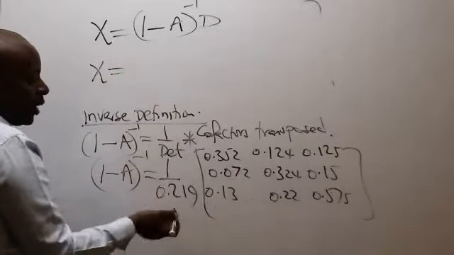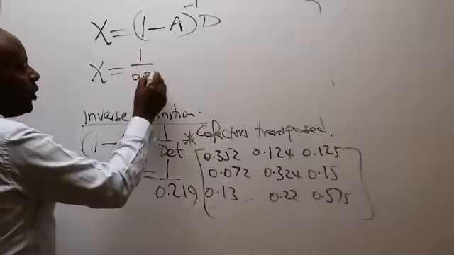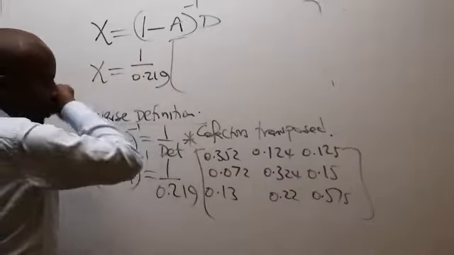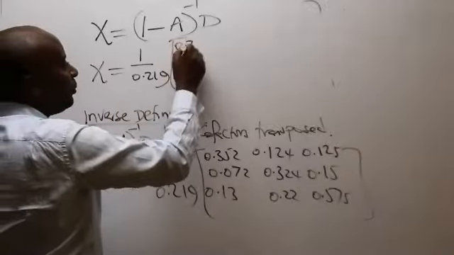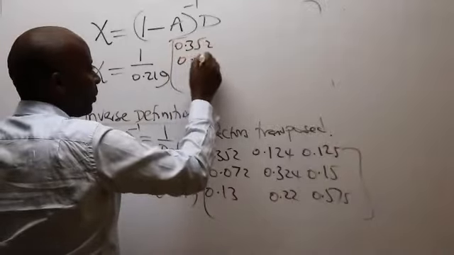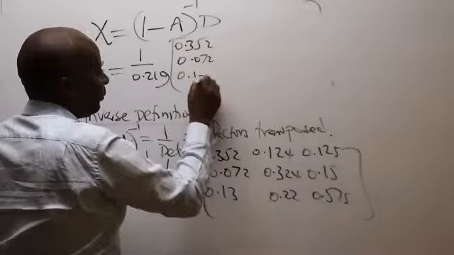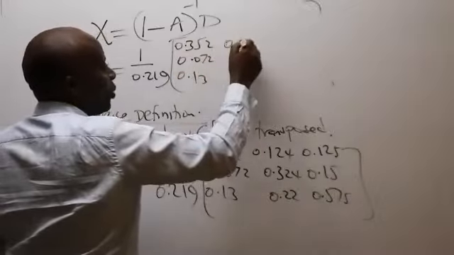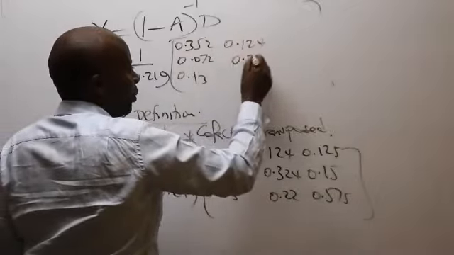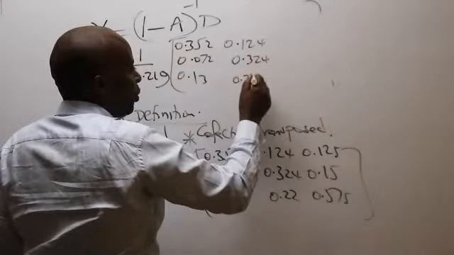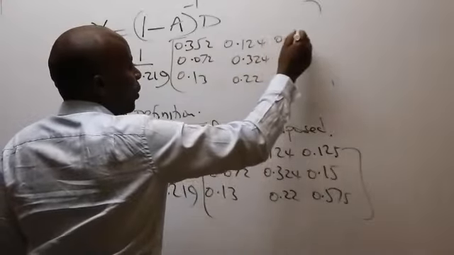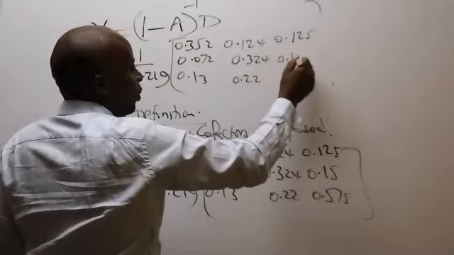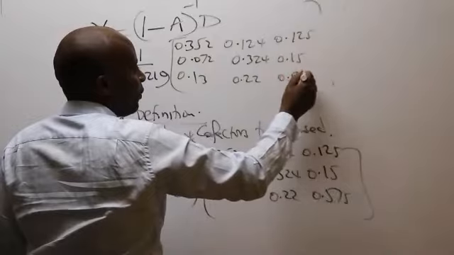So our x here will be equal to (I minus A) inverse, which is 1 over 0.219 into the whole of this: 0.124, 0.324, 0.22, 0.125, 0.15, 0.575.